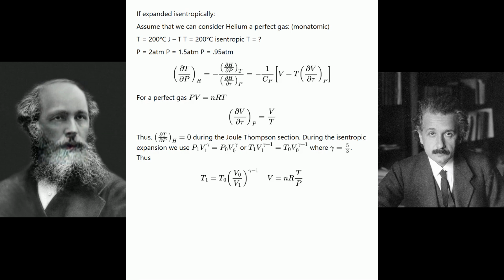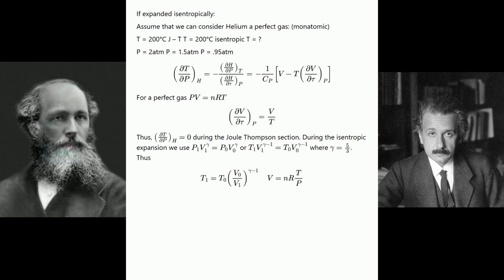T equals 200 degrees Celsius, isentropic, P equals 2 atm, P equals 1.5 atm, P equals 0.95 atm. See the next equation. For a perfect gas PV equals nRT. See the next equation.